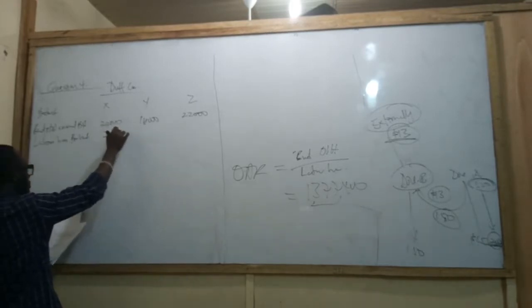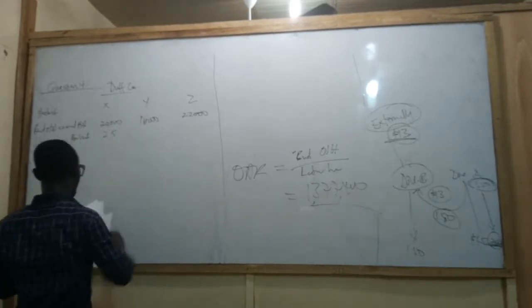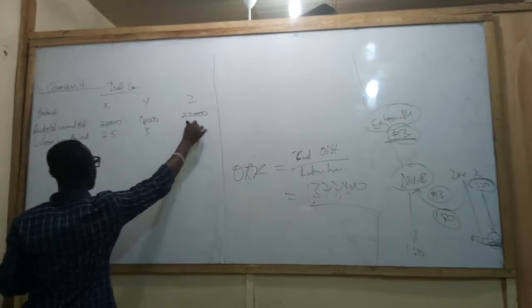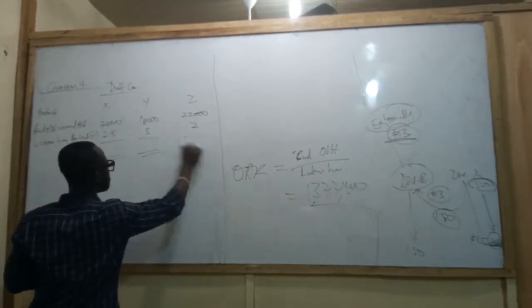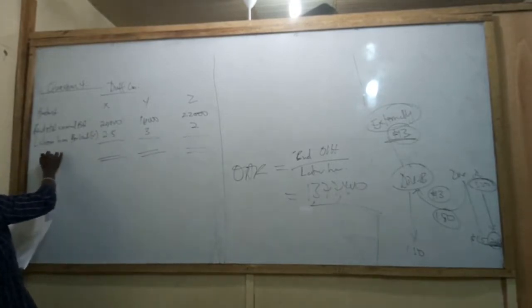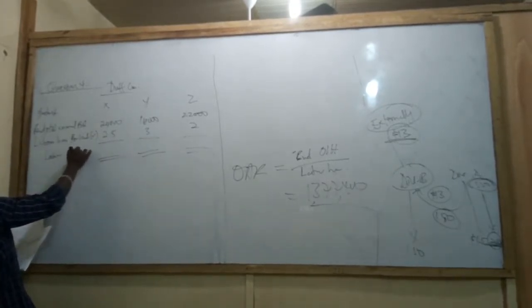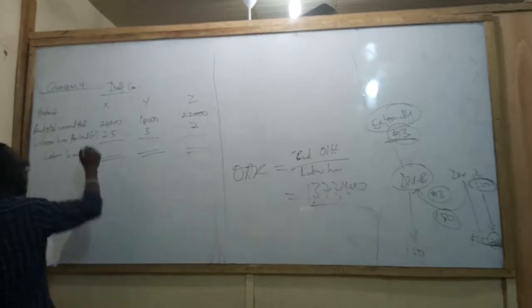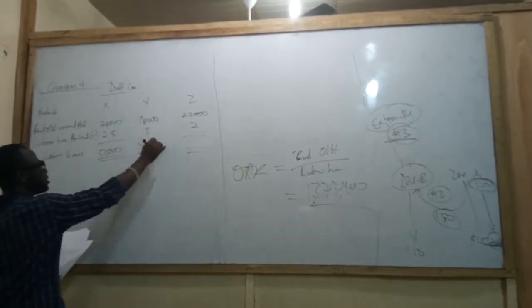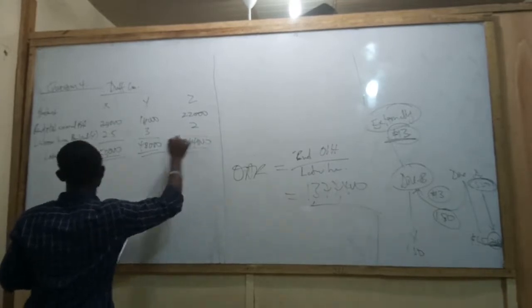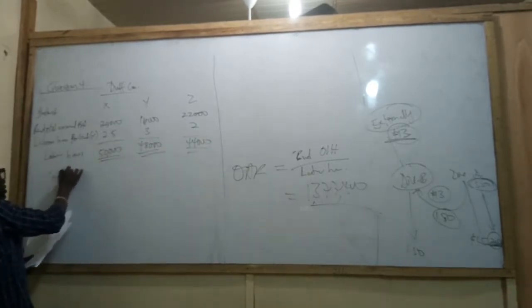So 2.5, 3, and then 2. So we multiply to get the labor hours: 50,000, 48,000, and 44,000. Then we need to get the total labor hours.